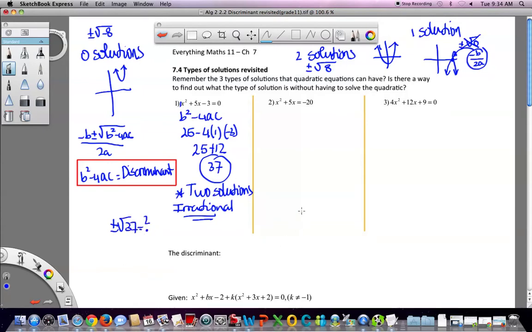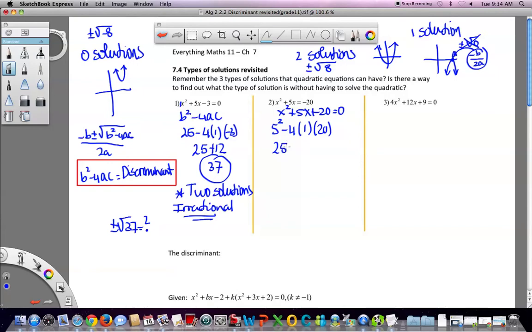Okay? If I look at this one, I'm going to do the same thing. I will have to make sure that I write this with a plus 20 over here, because b squared is still 5, so I do get 5 squared minus 4 times a times c. I need to make sure that this 20 becomes positive when I use it.